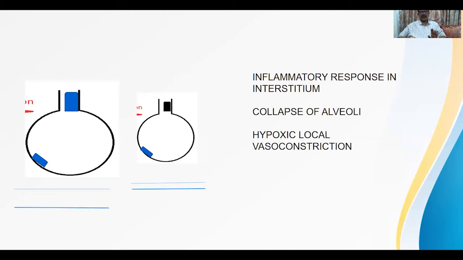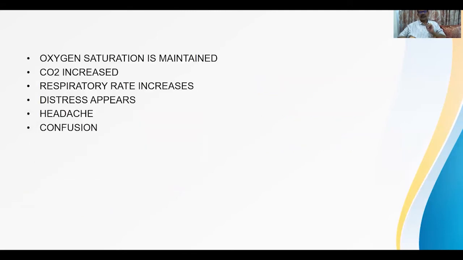Because there is no change in alveolar permeability. We'll see that afterwards. Now, how does this peculiar pathogenesis explain the clinical picture? Here, oxygen saturation is normal, carbon dioxide is increased. This carbon dioxide leads to stimulation of breathing, respiratory rate increases, distress appears, headache comes up, and confusion may happen in some patients.